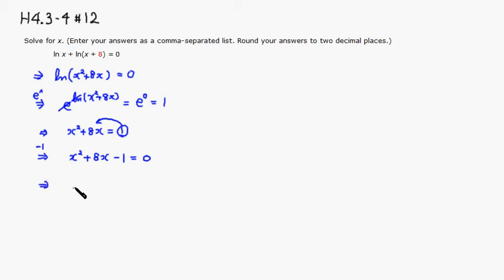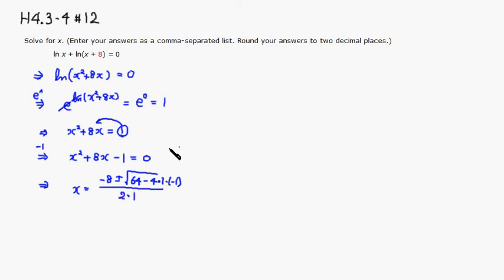So x is going to be equal to negative b, where b is 8, so negative 8, plus or minus the square root of b squared, so 64, minus 4 times a, which is 1, times c, which is negative 1, all over 2 times a, which is 1.